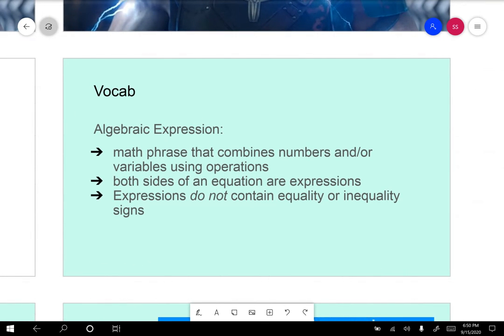So let's first talk about the algebraic expression. An algebraic expression is basically like the math version of a phrase in language. It combines numbers or variables using different operations. So expressions can use operations like adding, subtracting, multiplying, dividing.